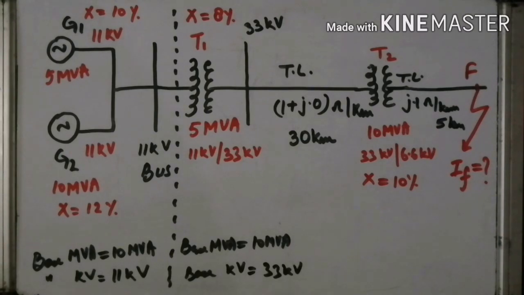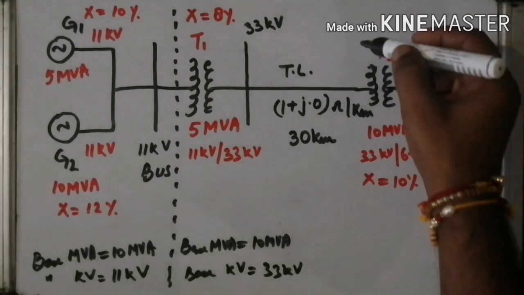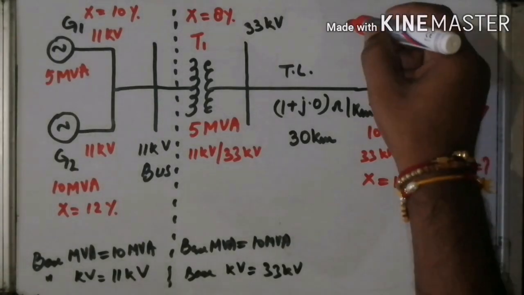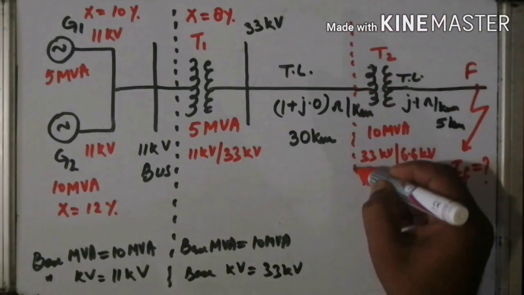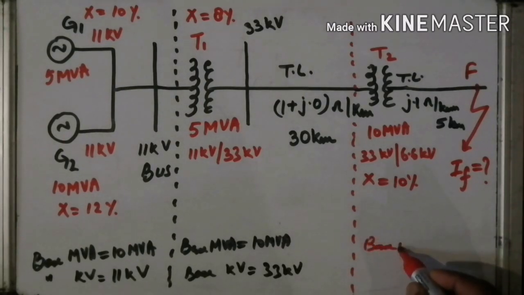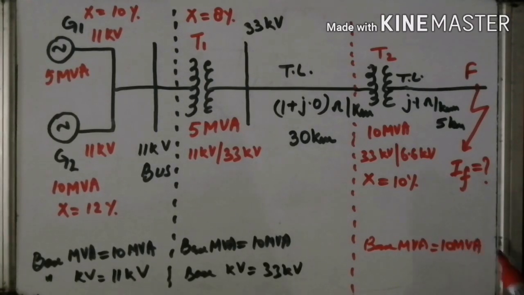After that, now at this point, the base value is same throughout the circuit, but the base kV depends upon the voltage ratio of the transformer, that is 6.6 kilovolt.